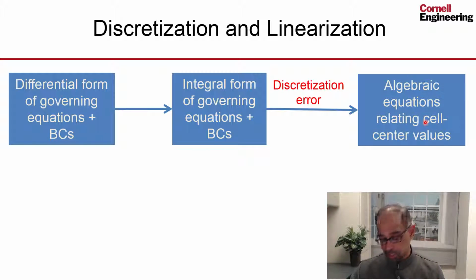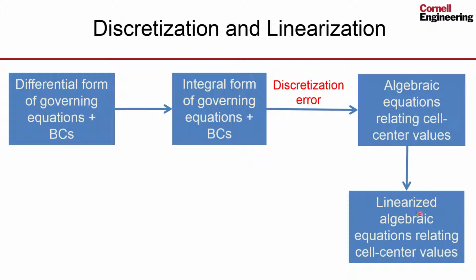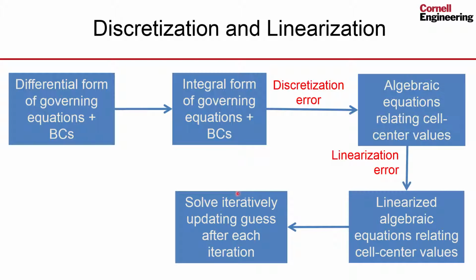The algebraic equations are nonlinear, so the tool will linearize them about guess values and get linearized algebraic equations. And in the process, a linearization error is introduced, which is reduced by solving iteratively. So the tool will solve iteratively, updating the guess after each iteration.